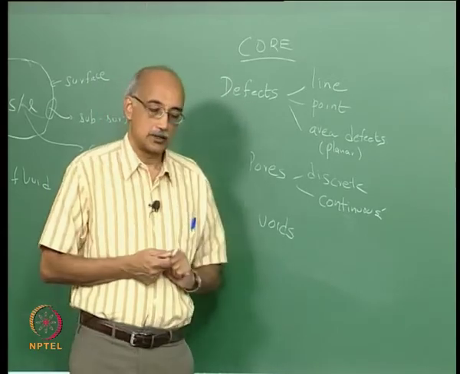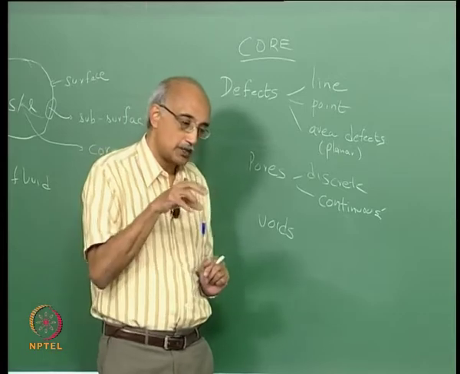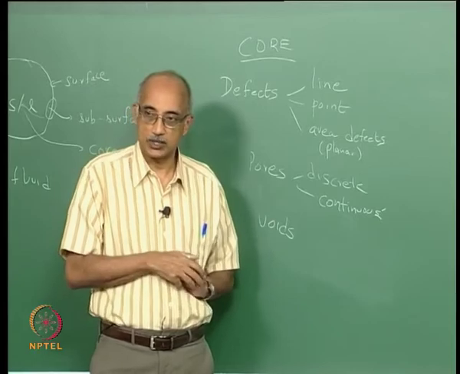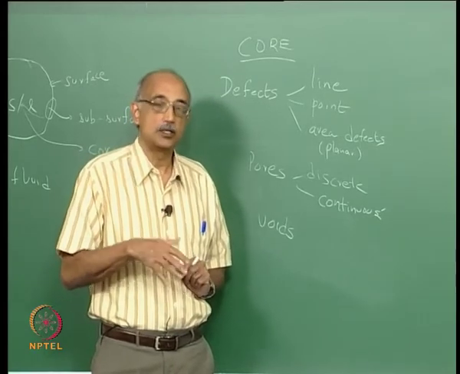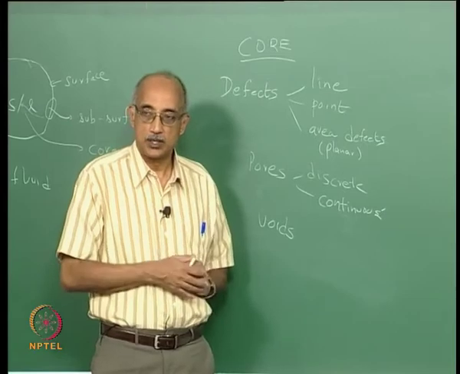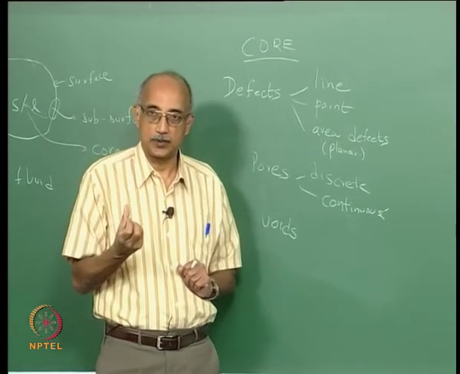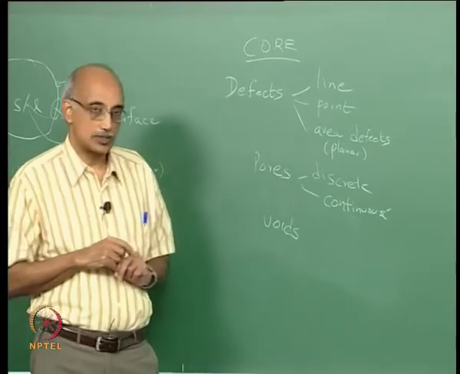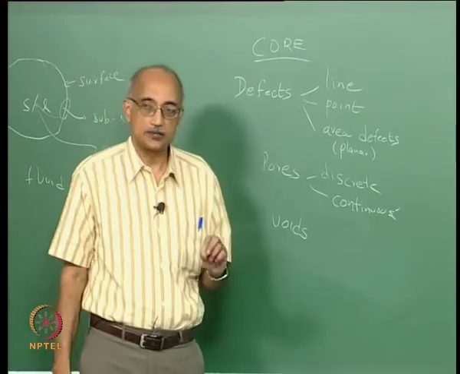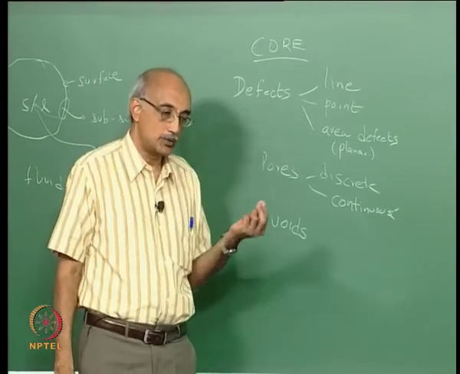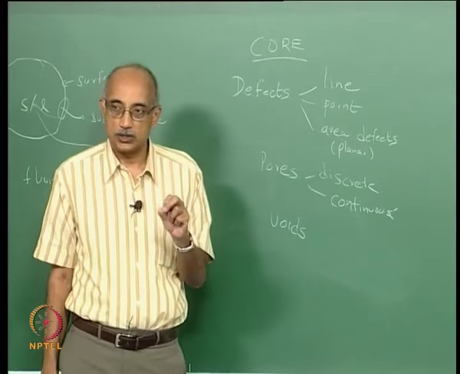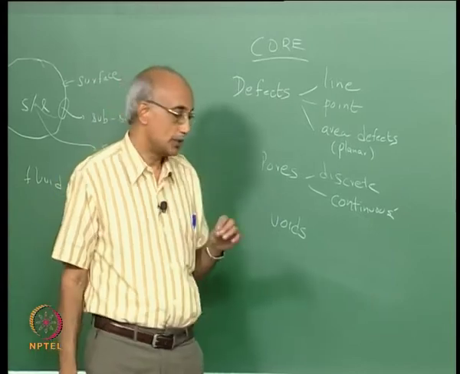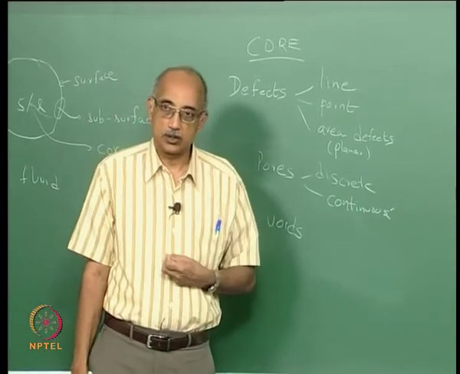A void on the other hand is something that happens when a material that is supposed to be present in the particle or the surface that you are casting is unintentionally removed during the process, thereby leaving a cavity or a gap, and that is basically what we mean by a void. So, the presence of voids once again is most sensitively detected when you section all the way down to the core of the material. It is not immediately obvious when you are looking at either the surface or the subsurface of a particle.